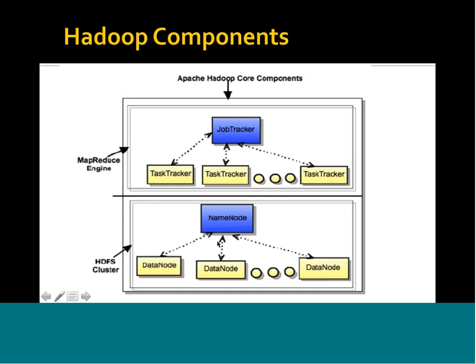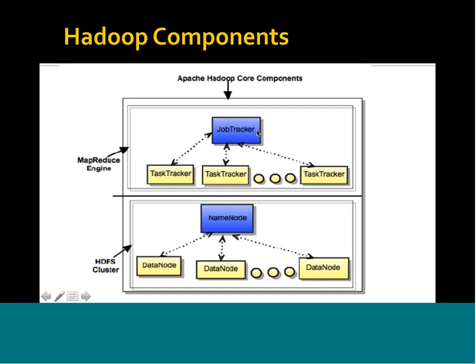Then comes the MapReduce engine. MapReduce engine is for executing your analytics job, right? So you will have two components which take responsibility of doing that execution. One is job tracker and the second one is task tracker, right? Now the responsibility of job tracker is to get the job and distribute that job to various task trackers.